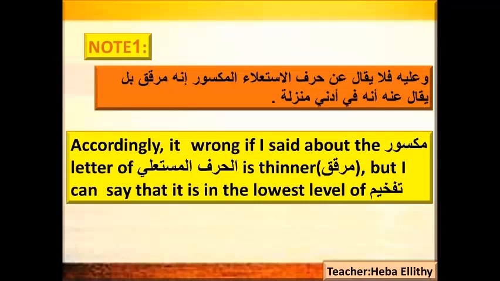If I read the letter خا with كسرة and I say خي, don't tell me to make it مرقق, because the letter خا is مفخم anyway. It's one of the characteristics of this letter. I can tell you make it lighter, but instead I can tell you make it in the lower level of تفخيم. Instead of خي, you can say خي, but it's still a مفخم letter.